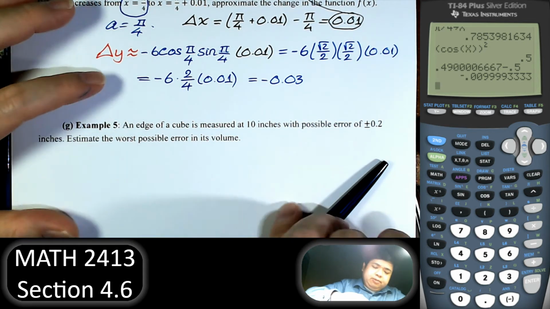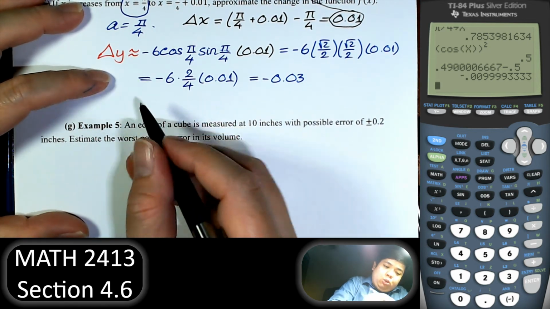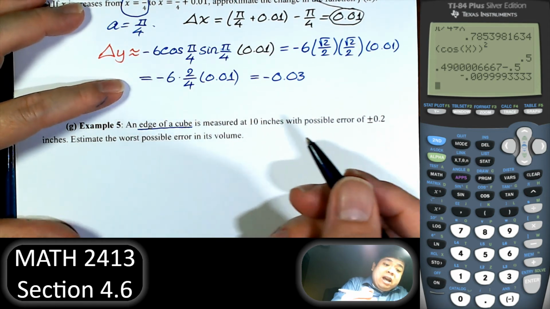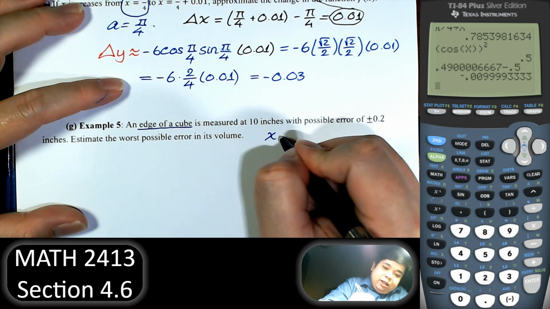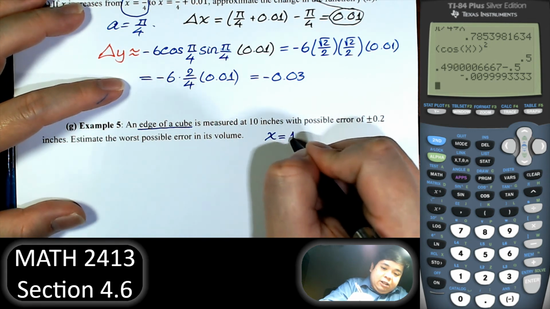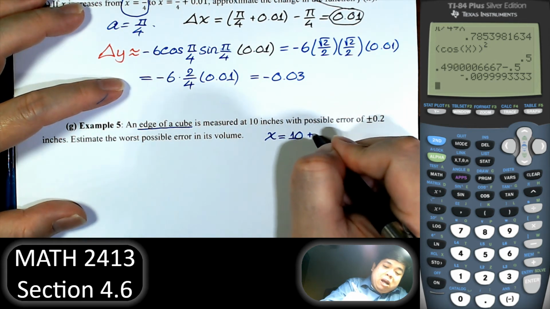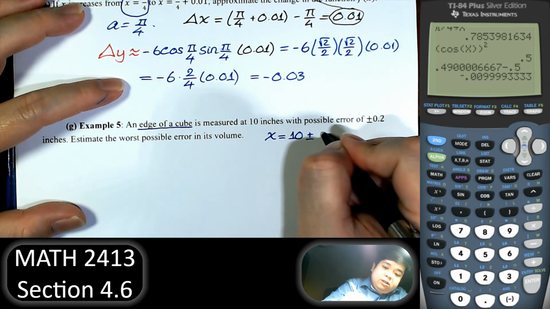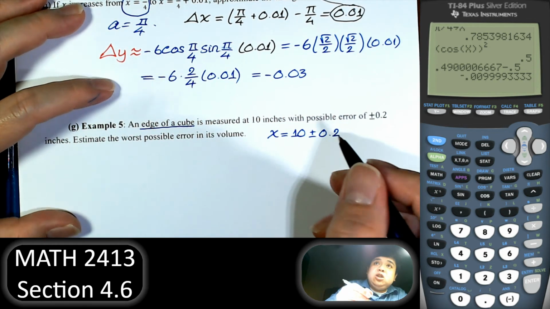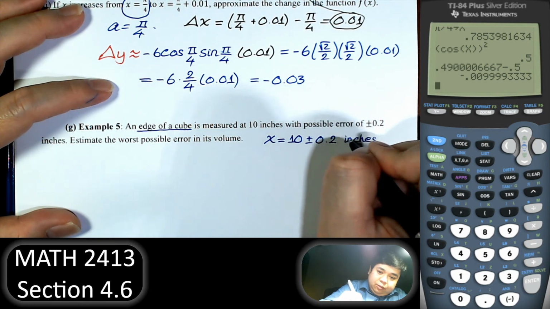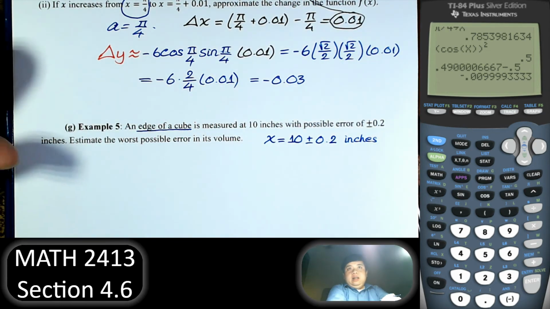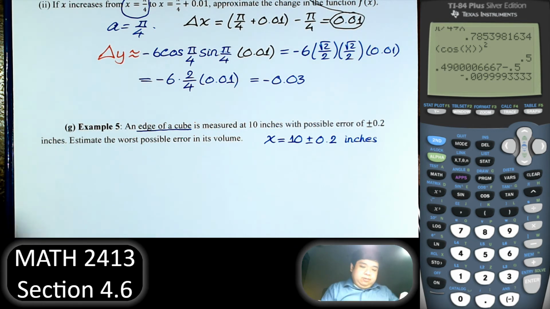So in this case, an edge of the cube, let that be x. So x is equal to 10. Maybe there's some error, plus or minus 0.2 inches. Right? So in that case, what happens to the volume?